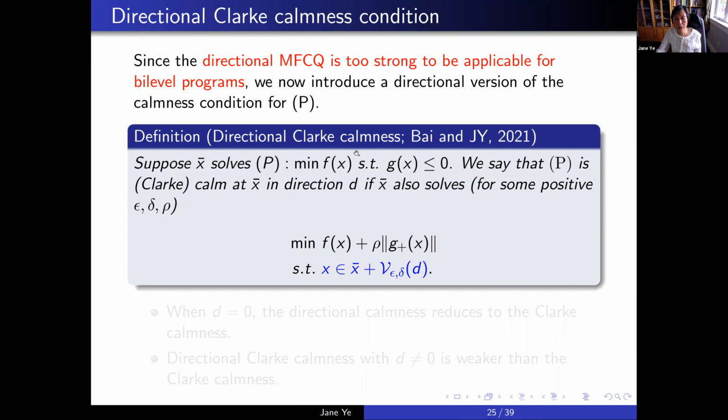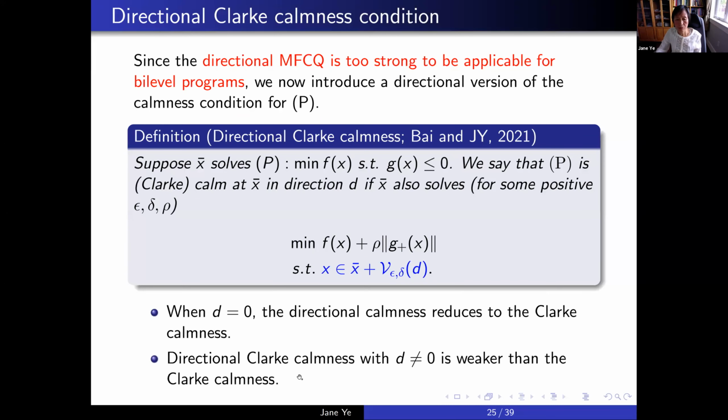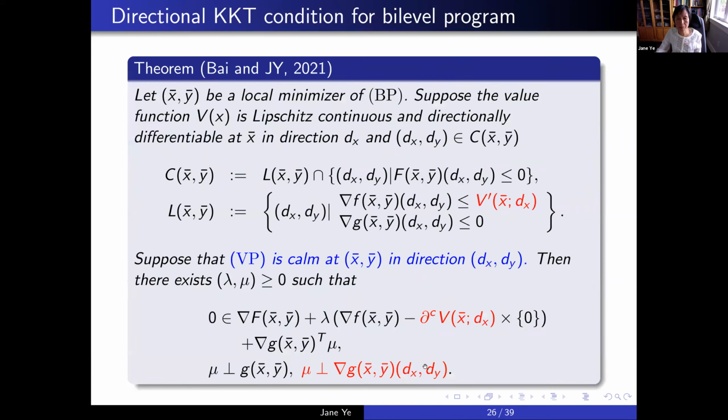In the original Clarke calmness condition, this is the unit ball. Here we can reduce it to the smaller directional neighborhood. So if the direction is not equal to 0, it is weaker than the Clarke calmness.